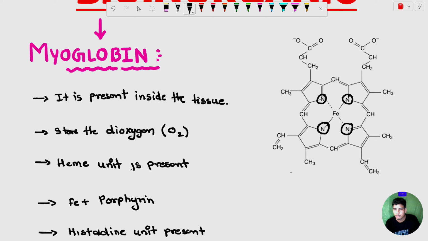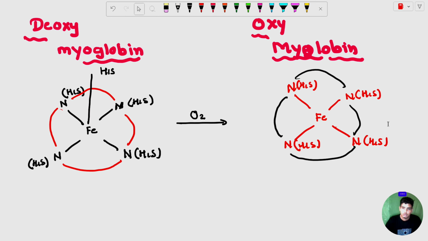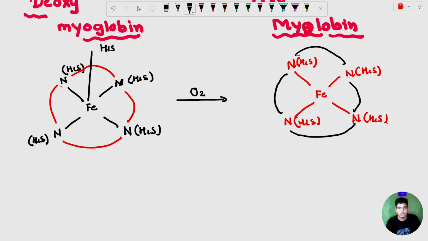There are four histidine groups, and if the nitrogen is connected with the histidine, they call it the porphyrin ring. In the porphyrin ring there is no oxygen in simple myoglobin, but after adding the dioxygen into that, the simple myoglobin is converted into the oxymyoglobin.